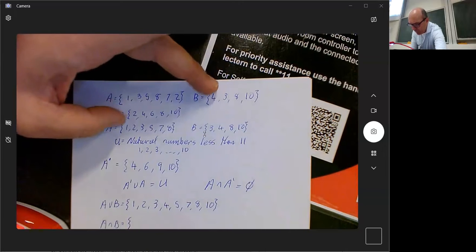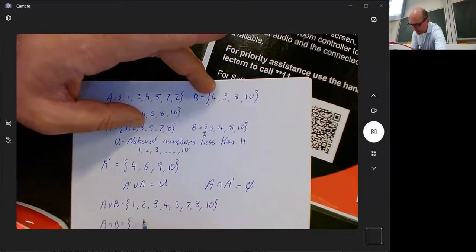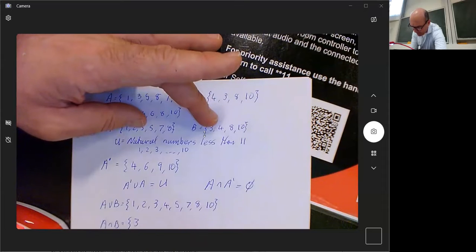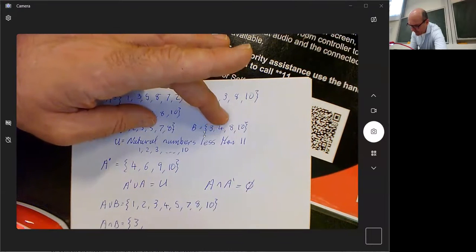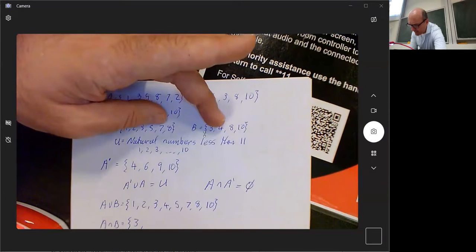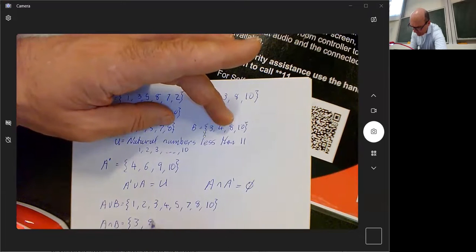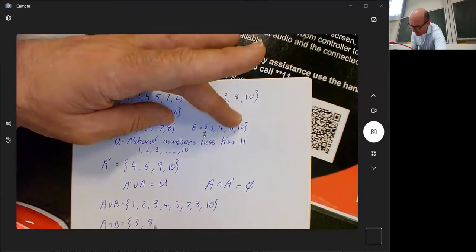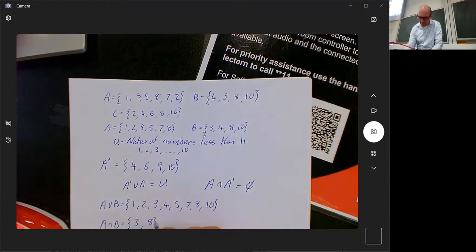So 1 is in A but not B. 2 is in A but not B. 3 is in A, but is also in B. So 3 is in A and B. 4 is in B but not A. 5 is in A but not B. 7 is in A but not B. 8 is in both of them. And 9 is neither. 10 is only in B. So in actual fact, this is my universal. This is my intersection.